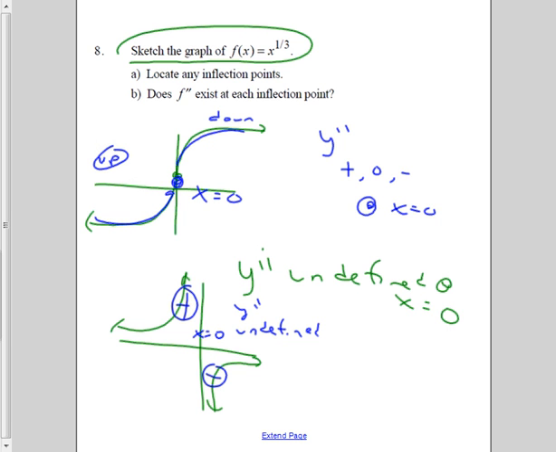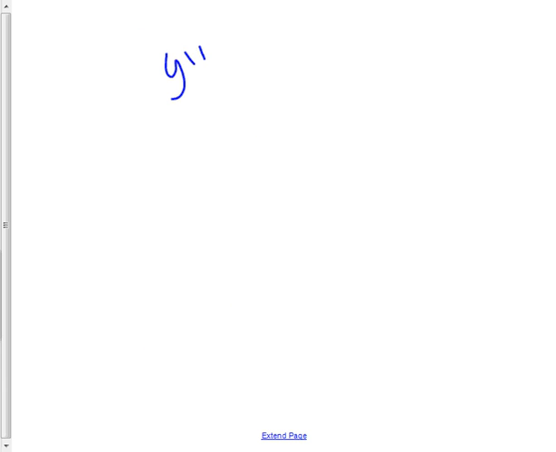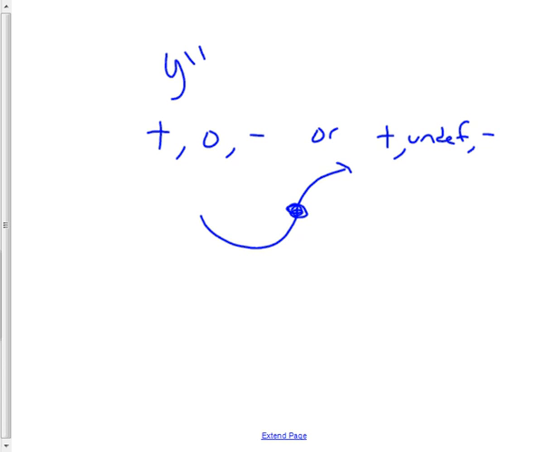So here we can add an extension, which is that if my second derivative goes positive, 0, negative, or positive, undefined, negative, we're going to get something that looks like that, and we're going to get a point of inflection.